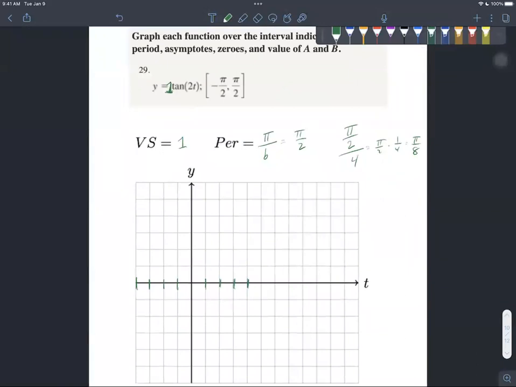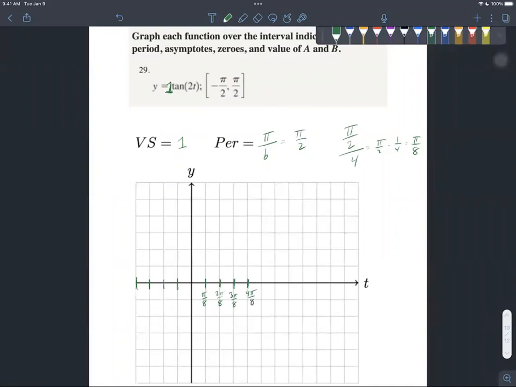We can start at 0. And let's go ahead and add pi over 8 to each of these increments. So this is pi over 8 here. Then we have 2 pi over 8, 3 pi over 8, and then 4 pi over 8.